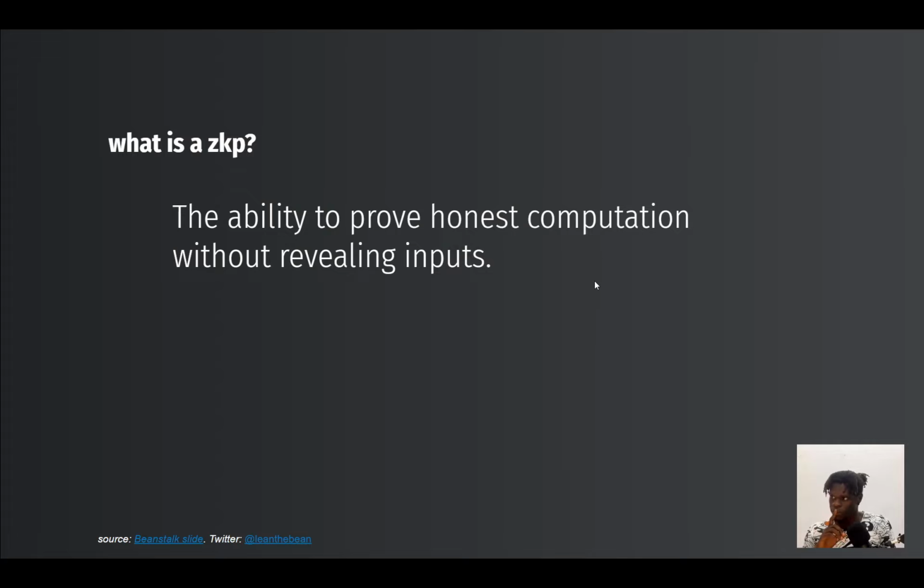Again, a handful of this will be clarified in subsequent videos that I will be making, but what you need to pay attention to is the fact that you can prove an honest computation without revealing the input of that computation.